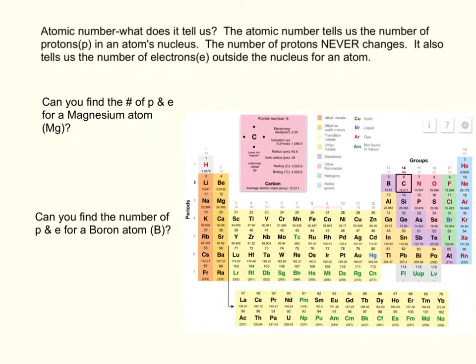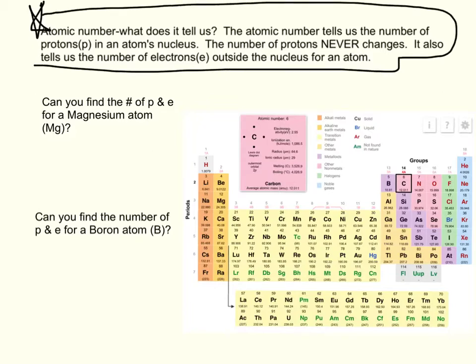All right, let's look at atomic number and what it tells us. Atomic number is very important. As you notice here, I'm going to star this whole thing and highlight it, is that it never changes. The protons are what you get from the atomic number, and that number is never going to change. The number of protons is going to stay the same.